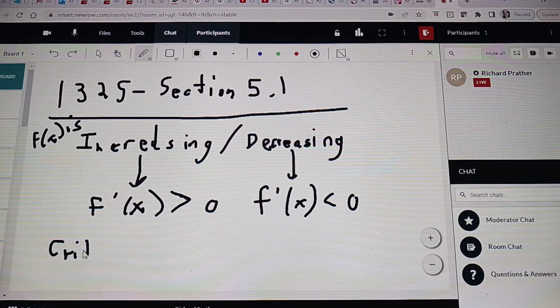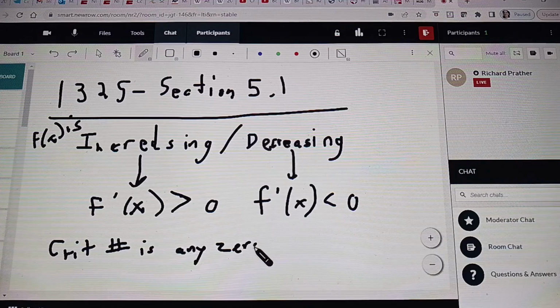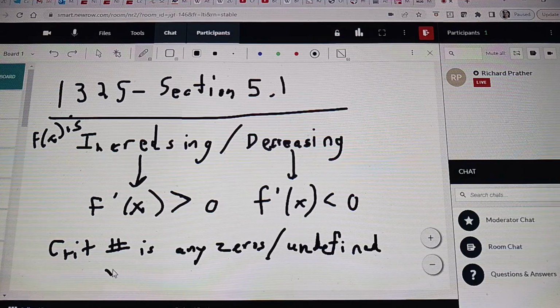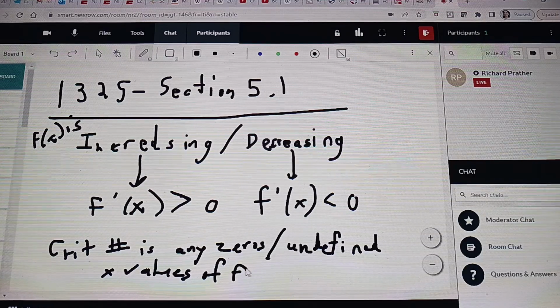So the big concept here is a critical number. A critical number in calculus is any zeros or undefined x values of the derivative function. So you'll start with a regular function, f of x.